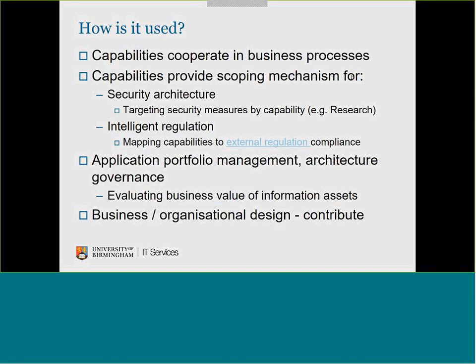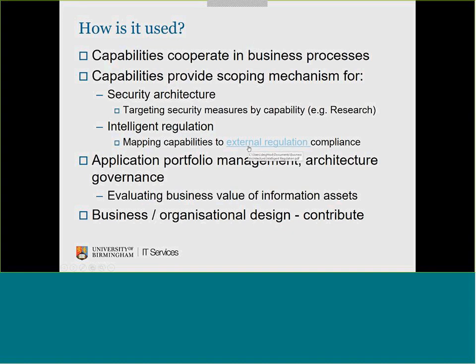What we've been focusing on recently is what we're calling intelligent regulation, which is all about how do we go about satisfying the external regulatory requirements that are laid upon us by legislation and other external regulations and standards.